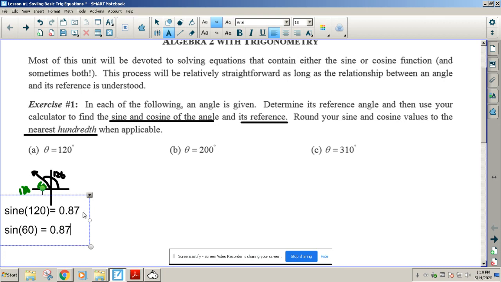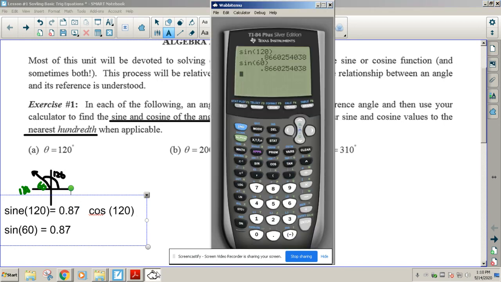So let's take a minute and look now, if you will, at the cosine of 120 degrees. So now I need my calculator, and now cosine has a negative x coordinate. So watch what happens.